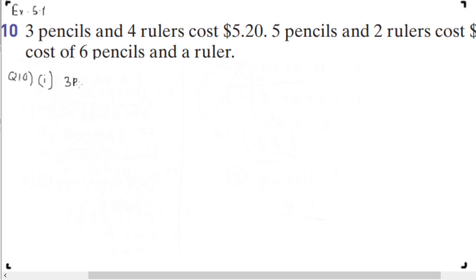So 3p plus 4r is equal to 5.2, right? So I'll just move that. And then for equation number 2, we have 5p, 5 pencils, plus 2r, from the 2 rulers, is equal to $4, right?